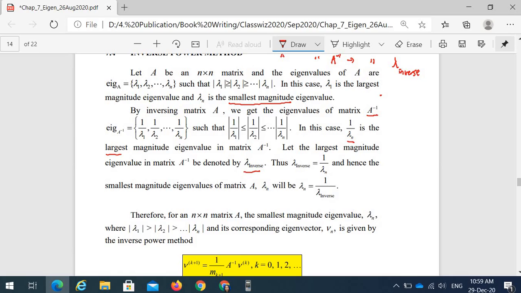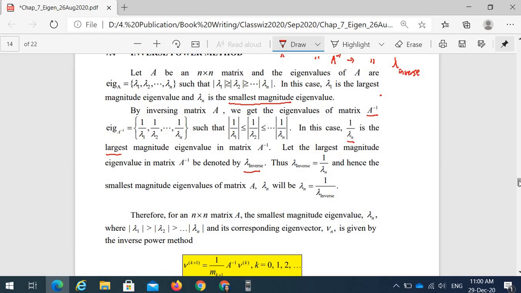When we replace A by A inverse, the eigenvalues of A inverse will be 1 over lambda 1, 1 over lambda 2, up to 1 over lambda n, such that the magnitude of 1 over lambda 1 is less than 1 over lambda 2, less than 1 over lambda n. Sorry, 1 over lambda n is the largest magnitude, because lambda n is the smallest and 1 divided by the smallest gives the largest.